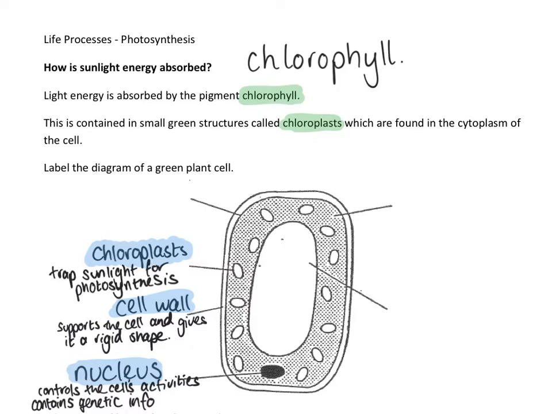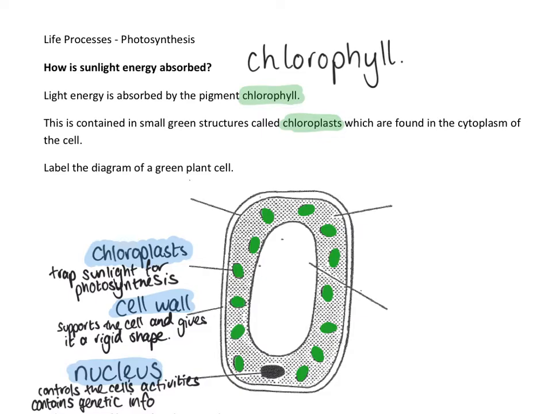What you might also want to do at this point is to colour in your chloroplasts, because remember they are green in colour because of that pigment chlorophyll. So what I would do is get a colouring pencil and go round and colour each of those chloroplasts green. If you don't have one handy, maybe pause the video now, go and get a green colouring pencil or felt tip pen and colour those in.